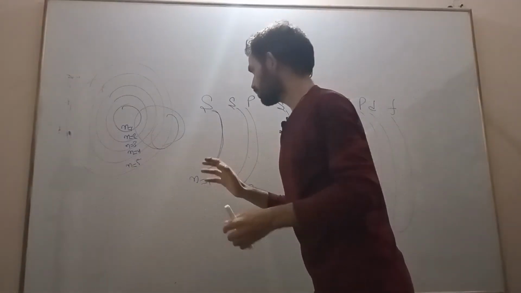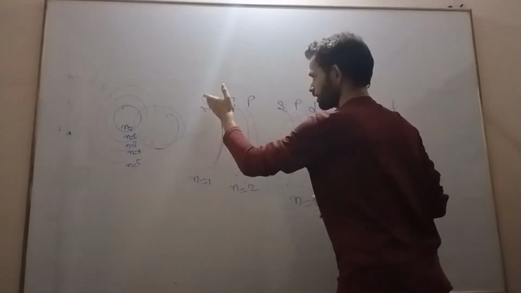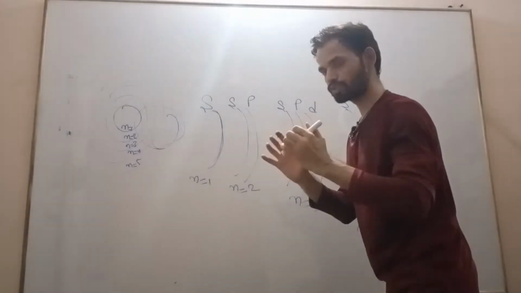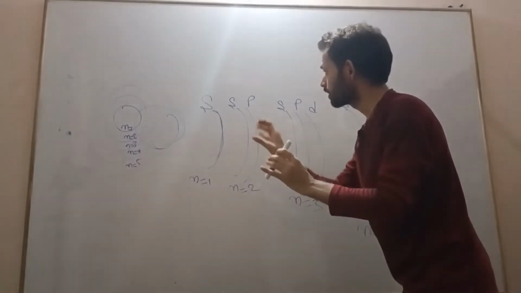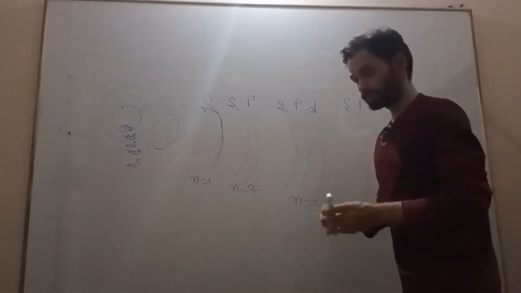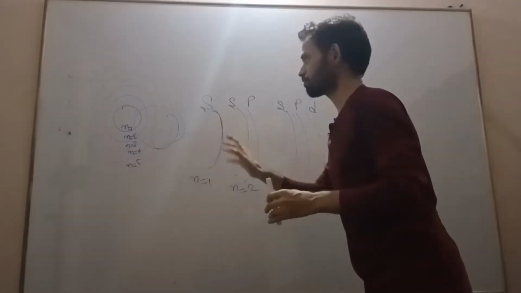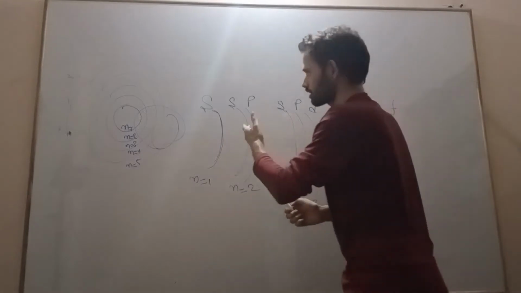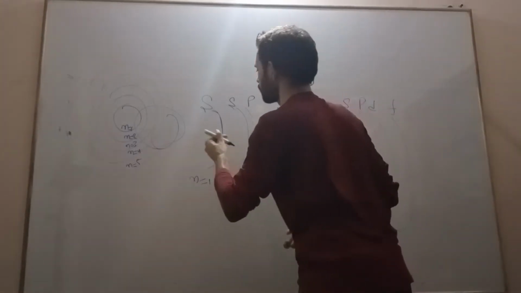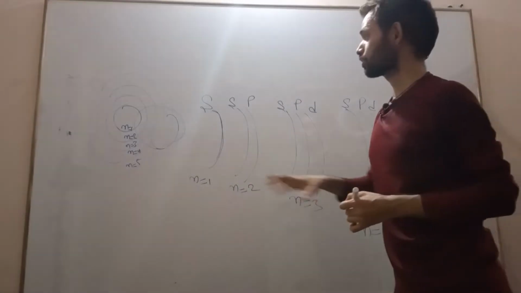Now we will zoom in through the microscope on these energy subshells. Is there anything inside the subshell? Yes, there is: the orbital. That is orbital, not orbit.